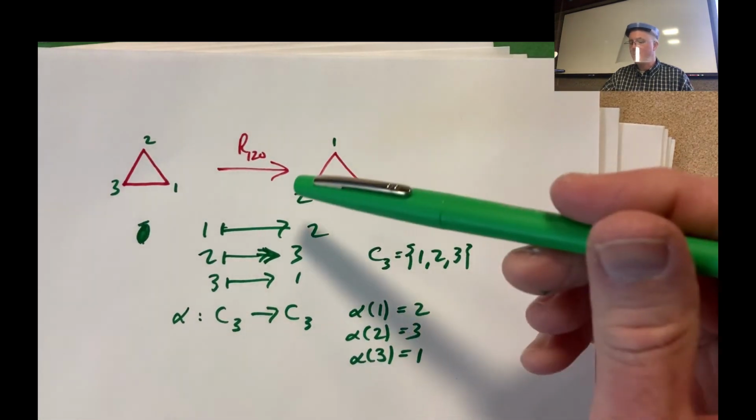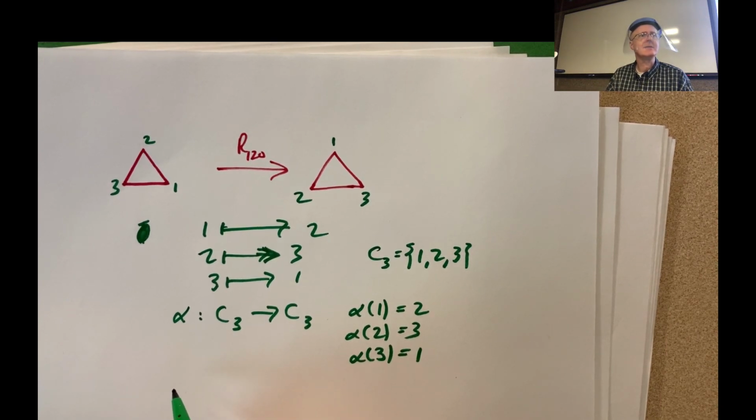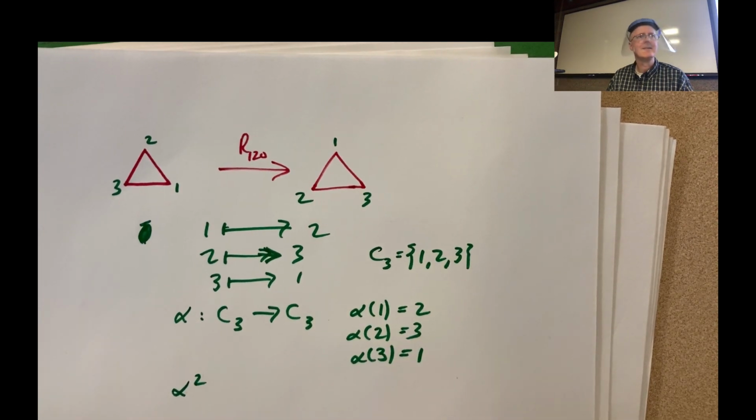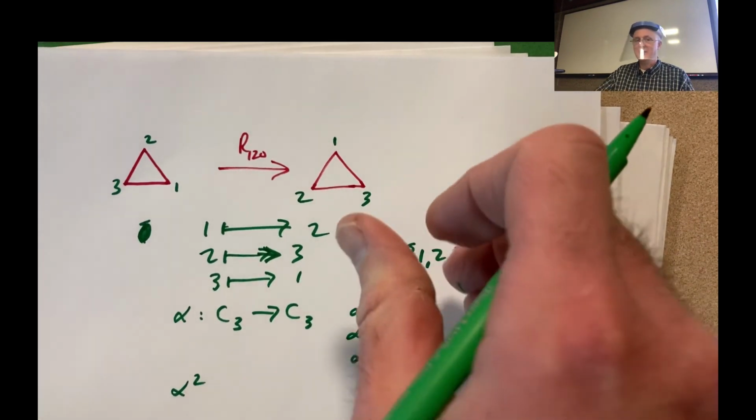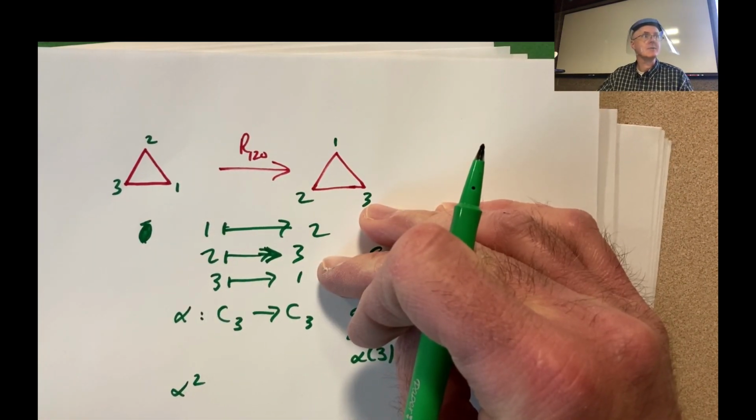Rotating by 240 degrees, maybe I should call that alpha squared. Because to rotate by 240 degrees, you could think of it as first rotate by 120 and then by another 120.